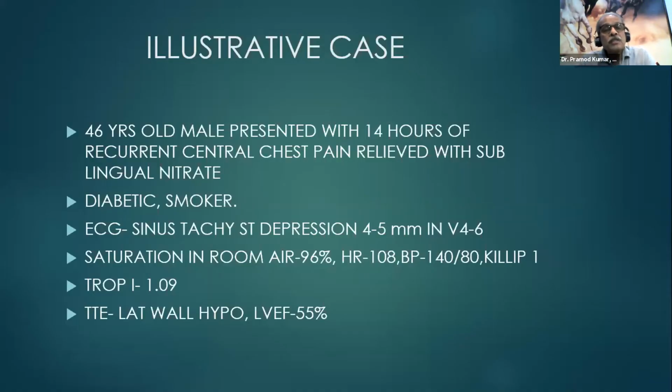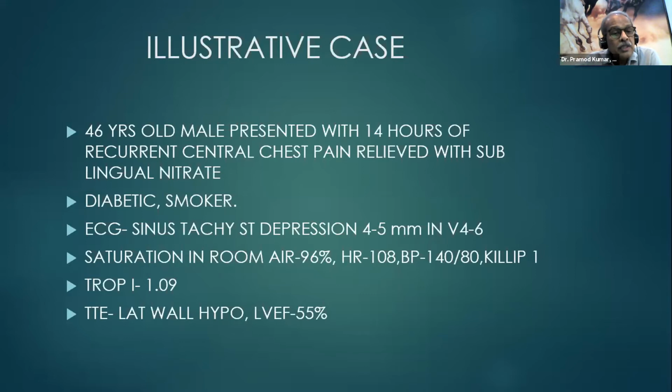I'm just starting with a case. This is a case we did 3 days back. A 46-year-old male presented with 14 hours of recurrent central chest pain relieved with sublingual nitrate. He's a diabetic smoker. ECG shows sinus tachycardia with ST depression of 4 to 5 millimeters in V4 to V6. Saturation is okay, blood pressure is okay, heart rate is on the higher side.